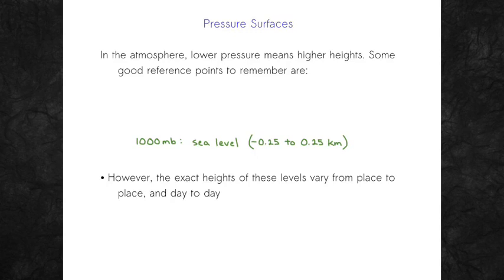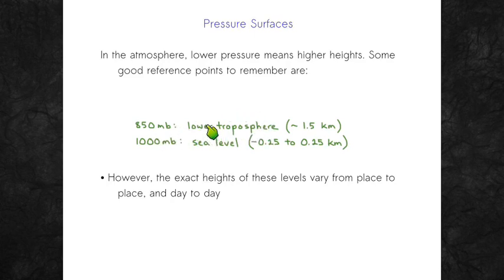Now, the next pressure level we typically talk about, actually there's a number of them, but the next one that we're going to focus on is a pressure value of 850 millibars. Now, 850 millibars obviously is lower than 1,000, which means it's going to be higher up because pressure decreases as we go up. So the next level up that we're going to talk about is 850. 850 millibars usually is found somewhere in the lower troposphere.